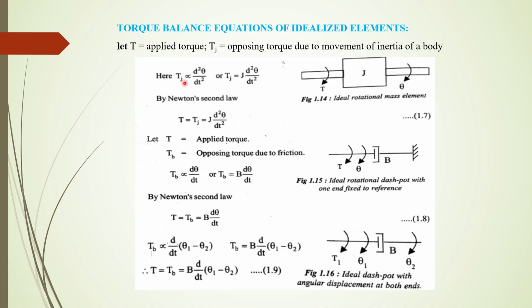So T is directly proportional to d square theta over dt square, which can be written as Tj equals J d square theta over dt square. So based upon Newton's second law, T equals Tj equals J d square theta over dt square.